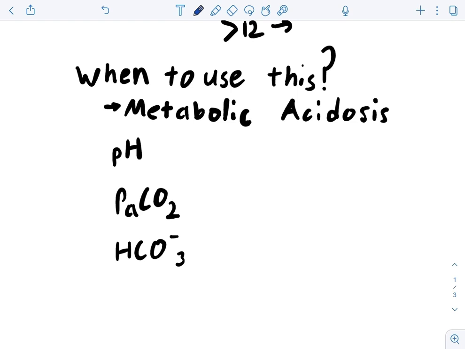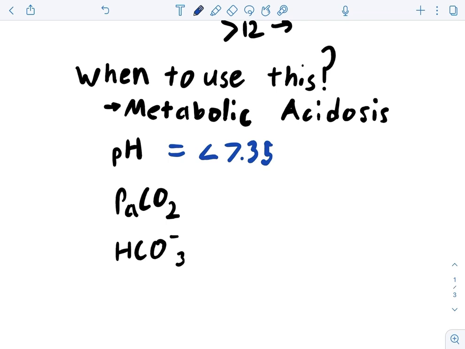So before we move any further, let's just quickly break down what would be the lab values on an ABG for a patient who was acidotic and it was metabolic. So obviously the first thing, if you want to remember, your pH is going to be less than 7.35, right? Because the pH is the first thing we're going to look at to determine alkalotic or acidotic, and in this case, less than 7.35. And then the next component we're going to look at is the PaCO2.